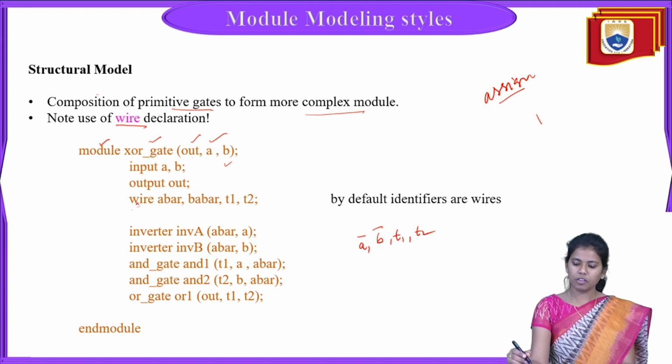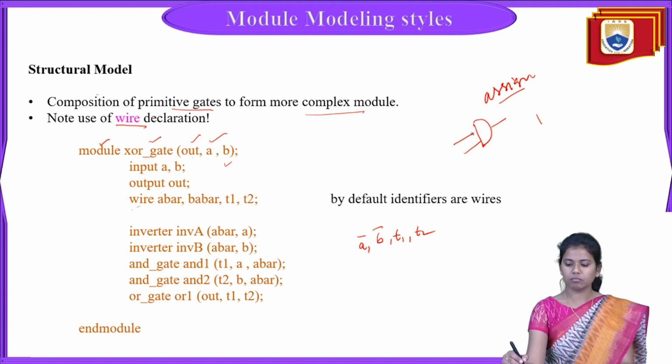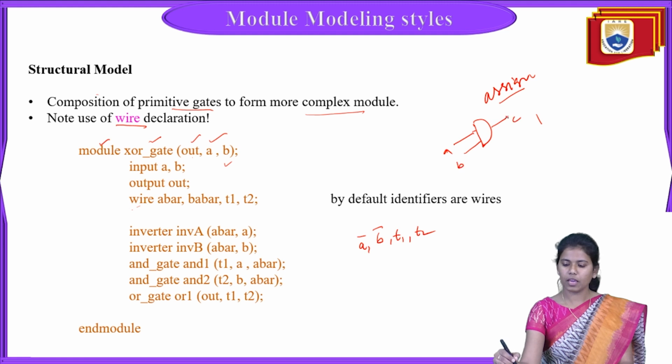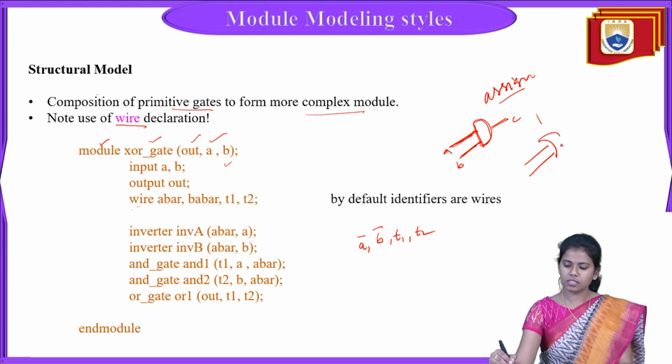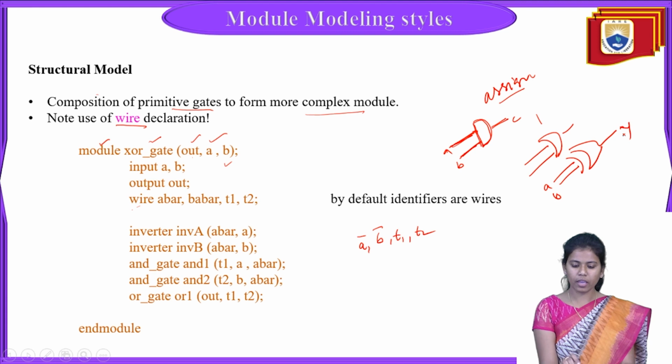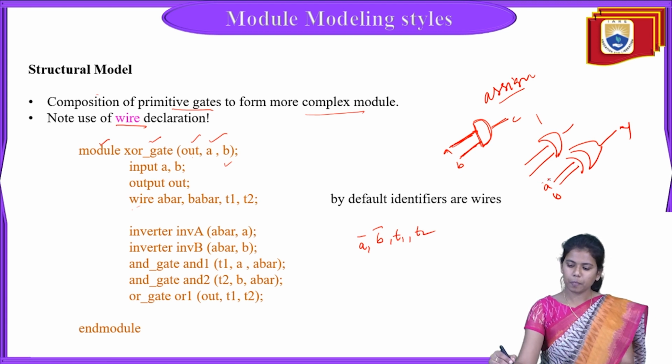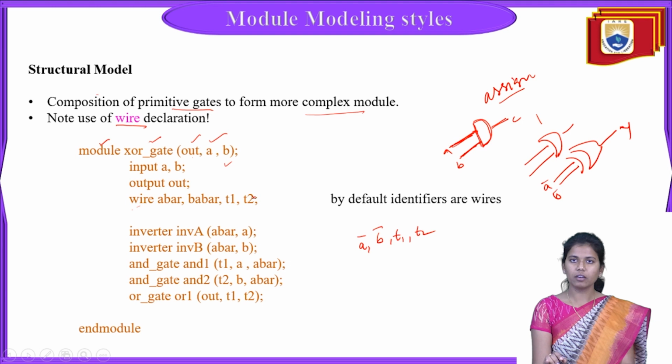For example, for an AND gate with A, B and C, inputs A and B and output C are wires. Likewise, for the XOR gate, we have A, B and Y, with wires A bar, B bar, T1 and T2.